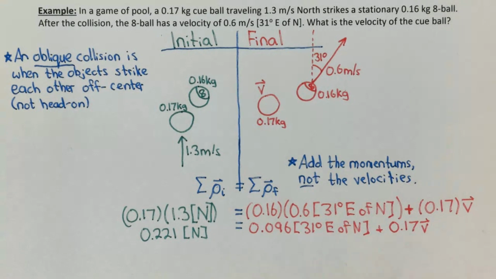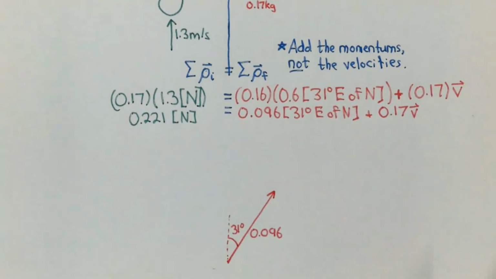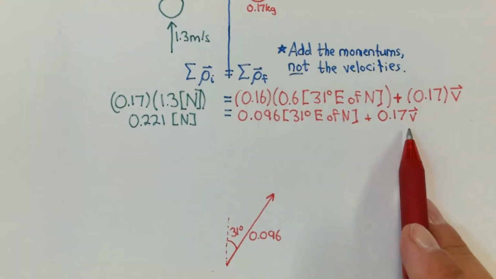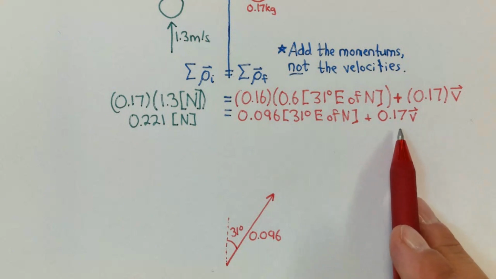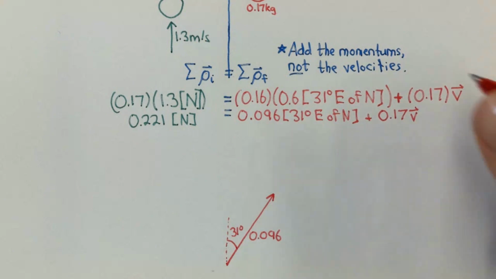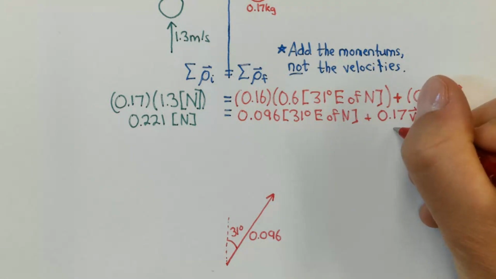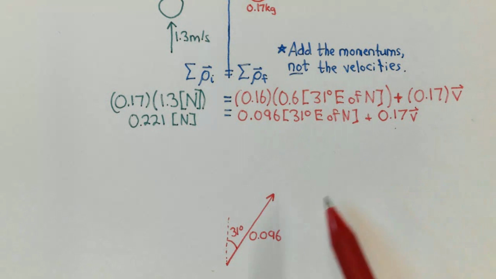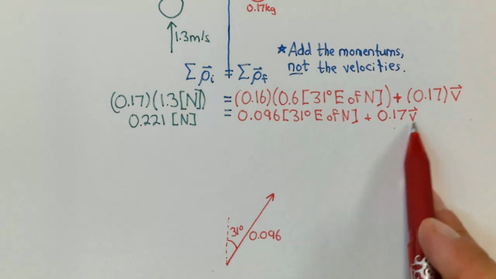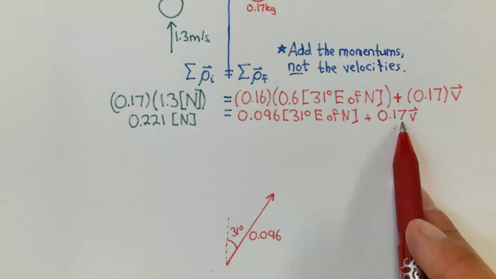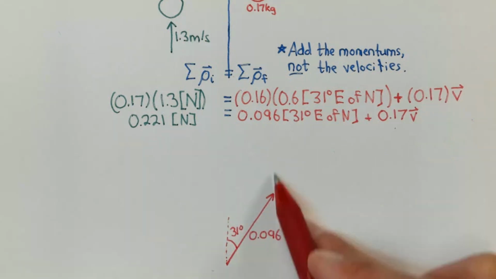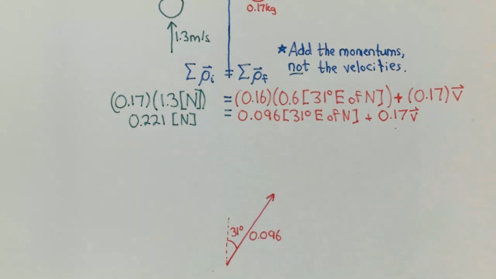Now I'm adding to it this vector here, 0.17v. We could even just write this as momentum final, but we don't have to. Let's write it as 0.17v. Problem is I have no idea which direction this is going in at all. It could be going like this, it could be going like this, it could be going like this, it could be going like this, it could be really long and going down here like this.